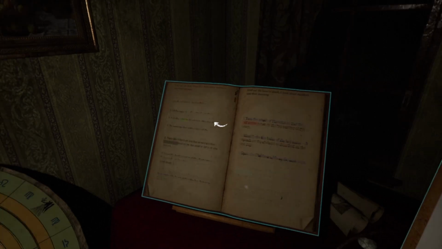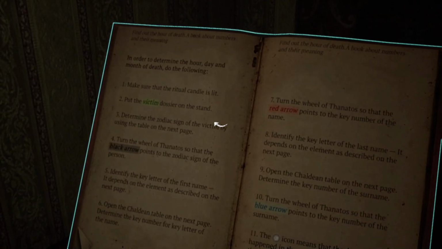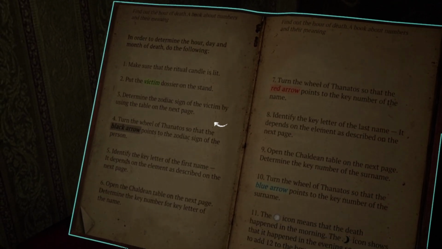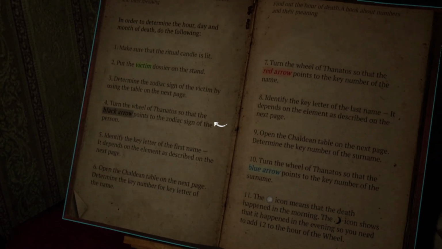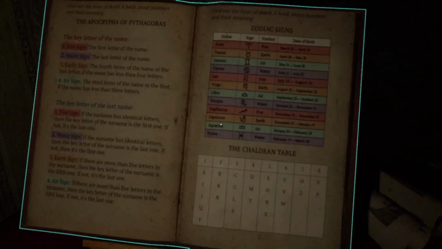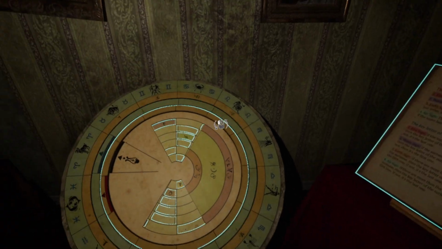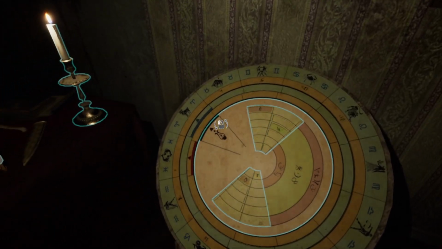Alright. So then we are going to turn the wheel of Thanatos so the black arrow points to the zodiac sign of the person. What is the Cancer sign here? Right. So the black arrow.